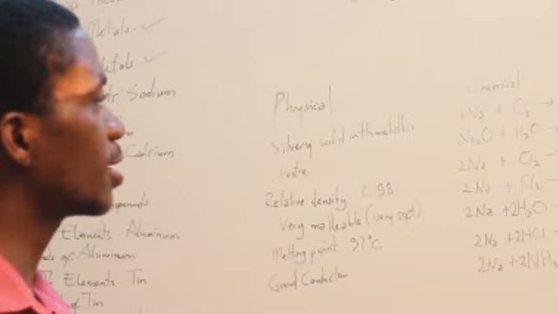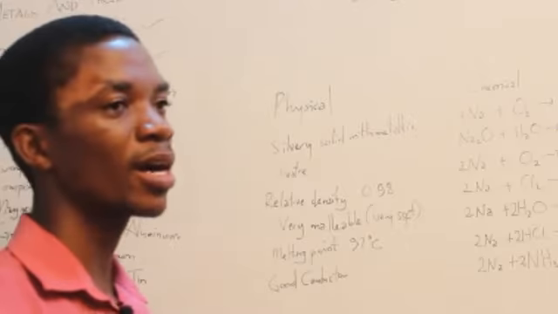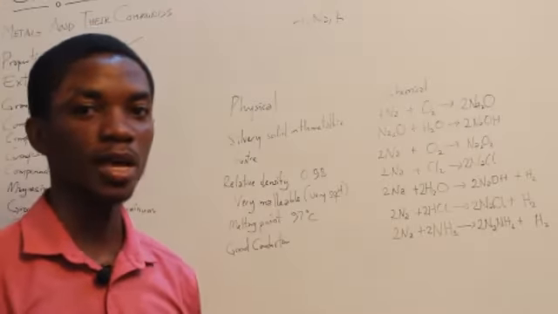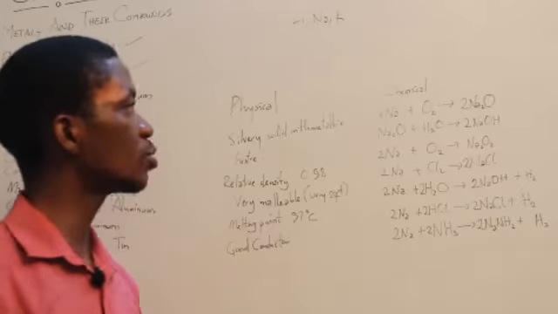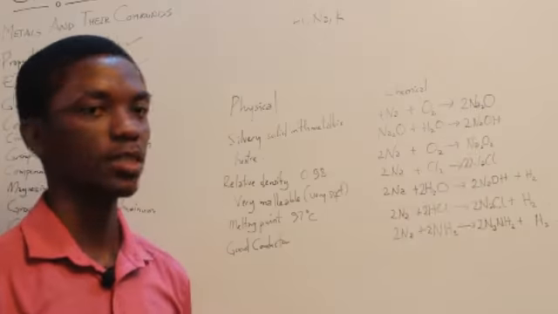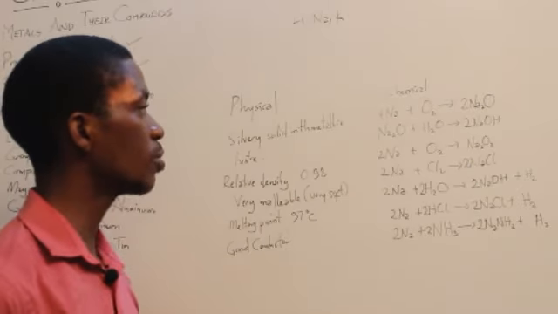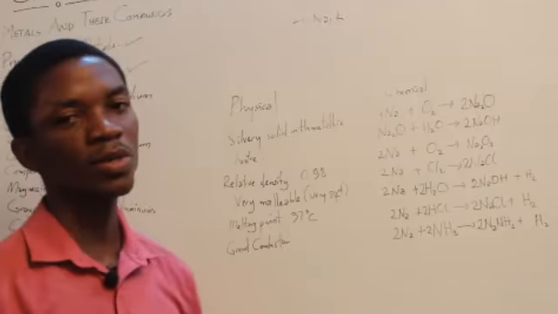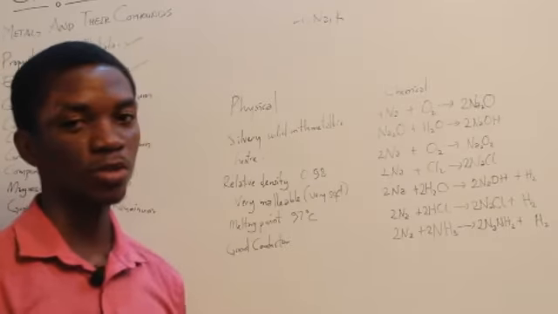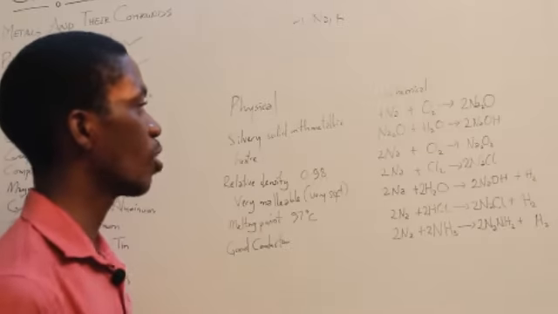Let's consider sodium and its chemical reactions. When we burn some sodium in air, because of its reactivity, it will react with oxygen to form sodium oxide. And this sodium oxide, when it is dissolved in water, will form sodium hydroxide, which is the base form of sodium.